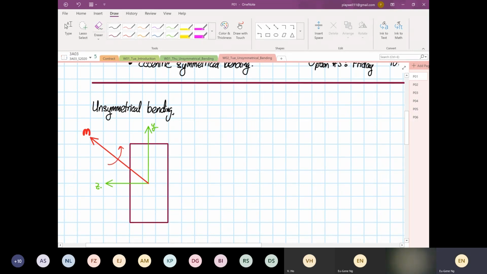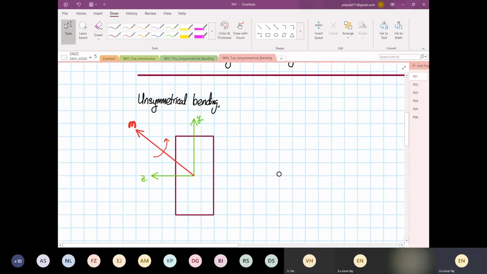So for this moment that has two components, we are going to break them down into My and Mz. So this over here is your Mz.